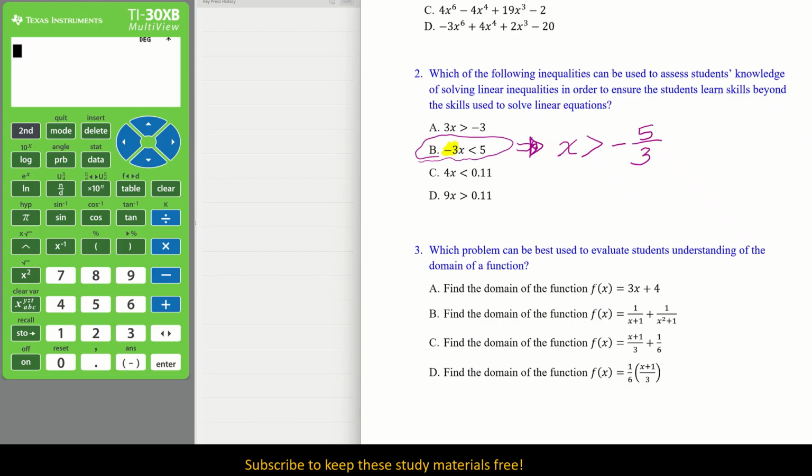So instead of coloring everything below -5/3, you would be coloring the graph to the right instead of the left.